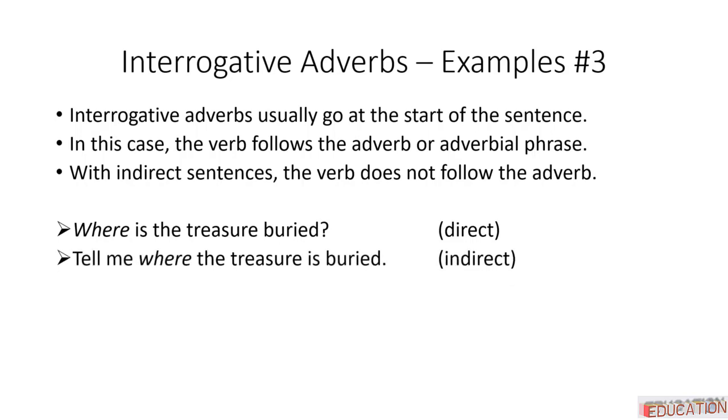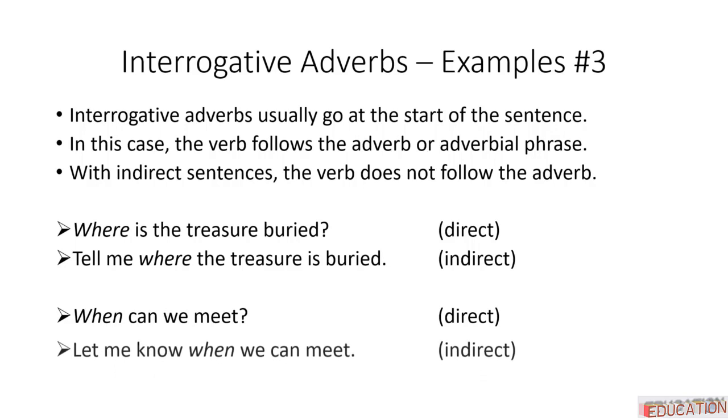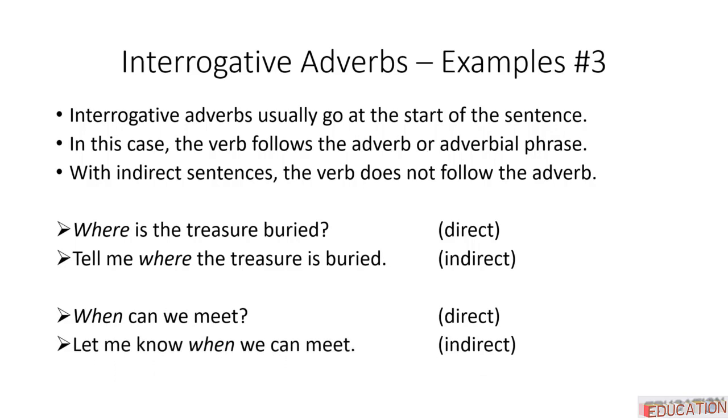Or if we use an indirect way, tell me where the treasure is buried. Another example of a direct question, when can we meet? And the indirect version is, let me know when we can meet. And you'll notice, again, the direct question has the question mark at the end, and the indirect version doesn't.